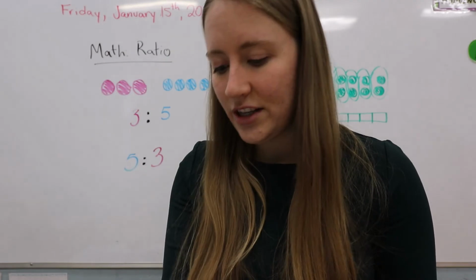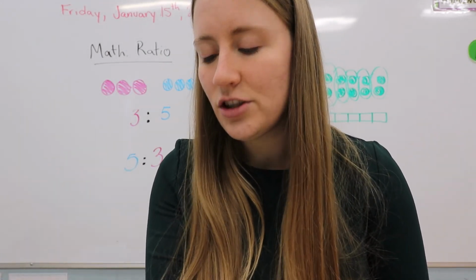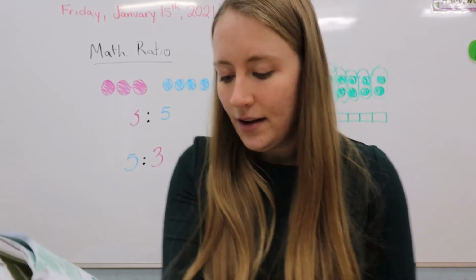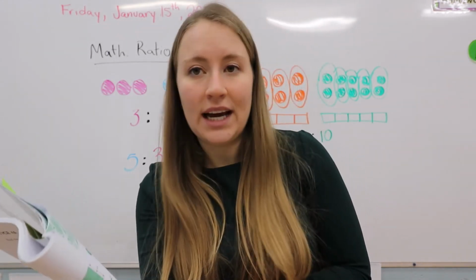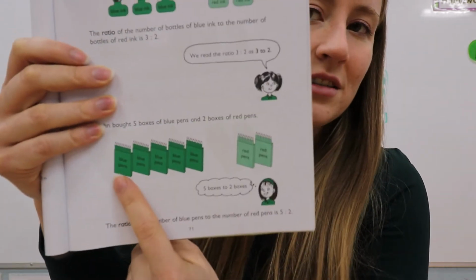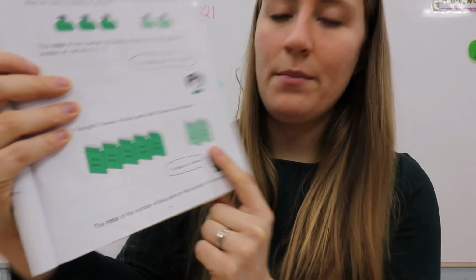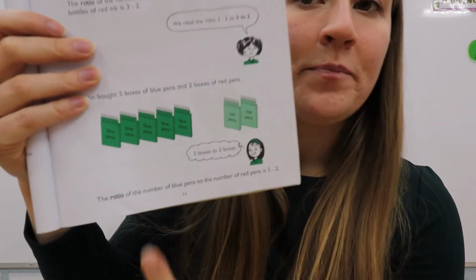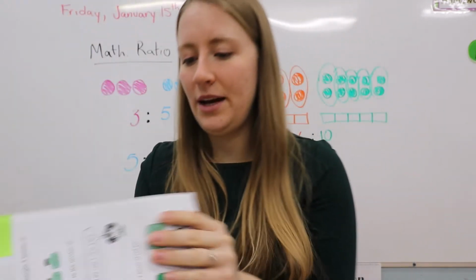Okay, for the second question, John bought 5 boxes of blue pens and 2 boxes of red pens. So the ratio of the number of blue pens to the number of red pens is 5:2. You see that there because there's 5 blue boxes of pens and 2 red boxes of pens. The ratio is 5:2. Okay, so let's flip the page and look here.